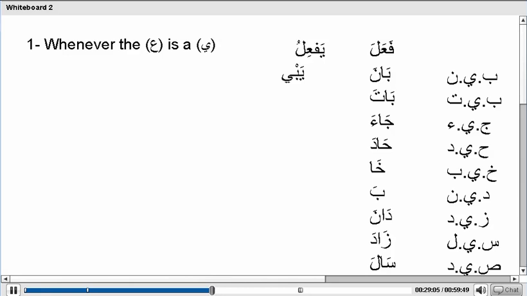Then we bring the ba, which is the ya, which is the ayn, and we give it a kasra. Then we bring the noon, which has a dhamma. واضح? Yadinu. On the scale of yaf'ilu. Yadinu. On the scale of yaf'ilu. Did we say this any different from yaf'ilu? Or is it exactly the same way yaf'ilu is said? Same way.